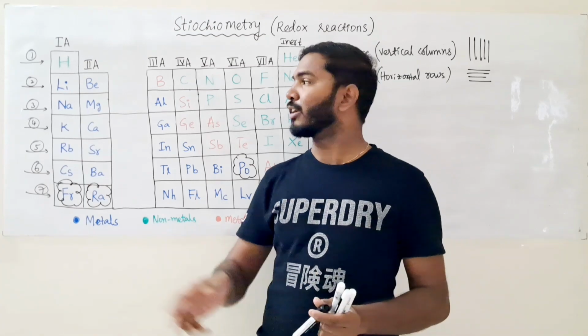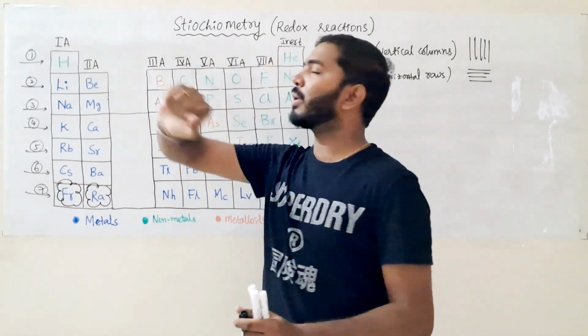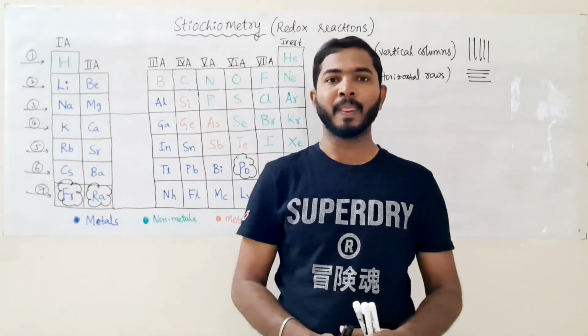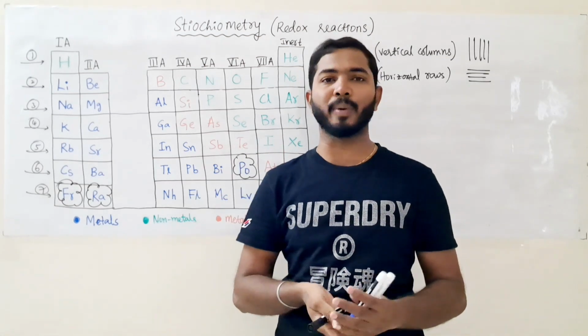So try to understand. What I suggest is to remember the group numbers in the Roman representation, which is very useful to understand many properties.